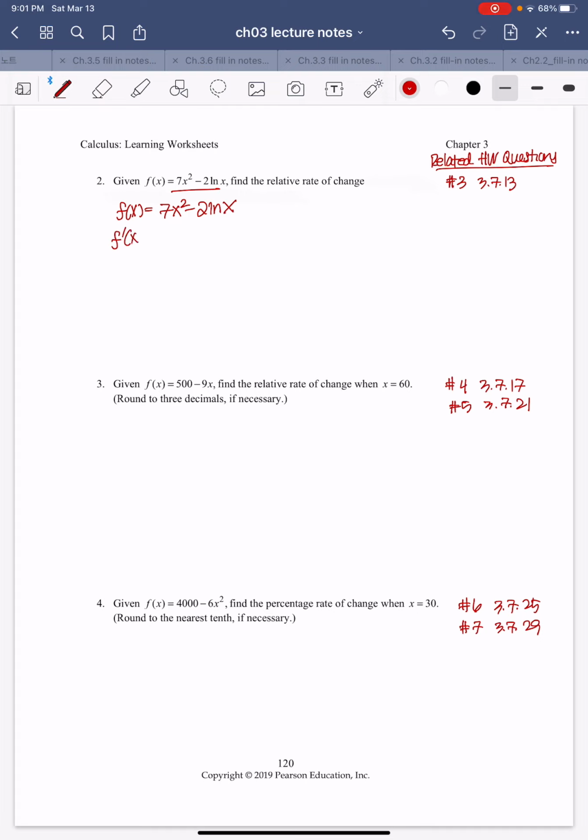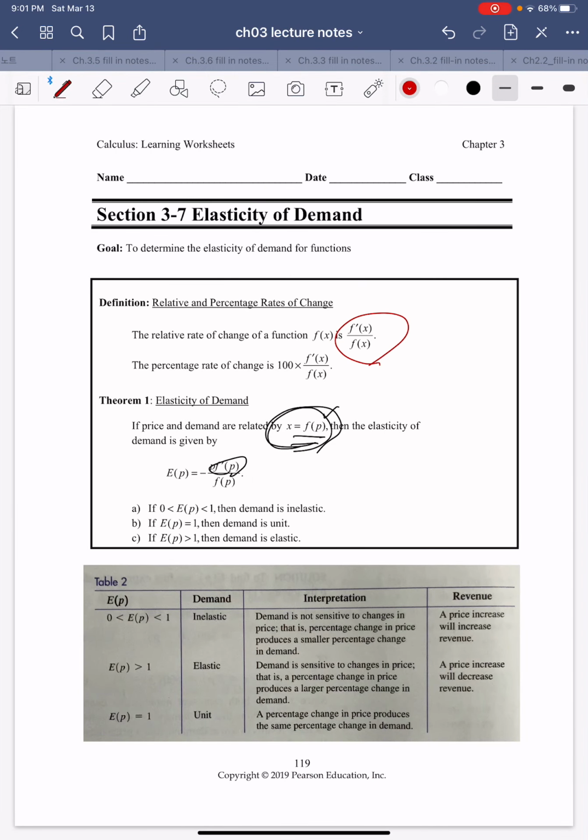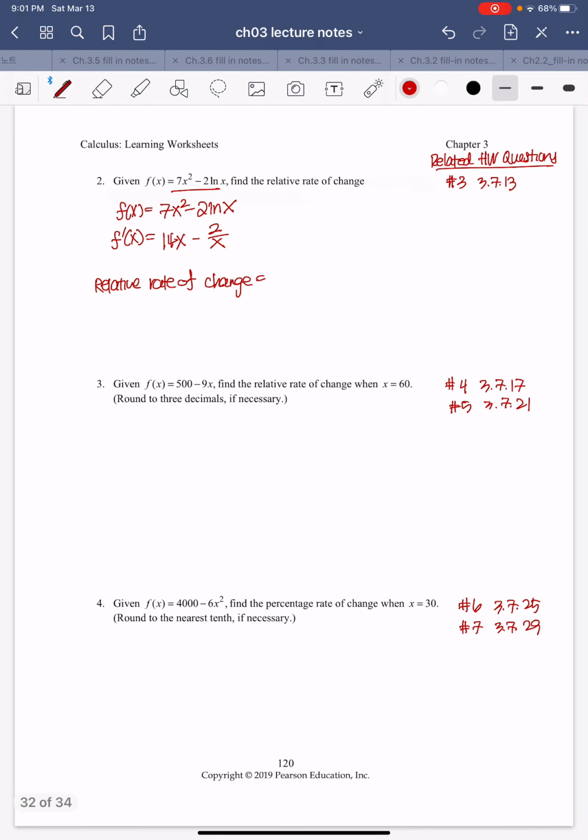Let's take f prime of x, which is 14x minus, ln x is 1 over x, multiplied by 2, I have 2 over x. The relative rate of change formula is f prime of x divided by f of x. So plug it in: 14x minus 2 over x, divided by 7x squared minus 2 ln x. Done.